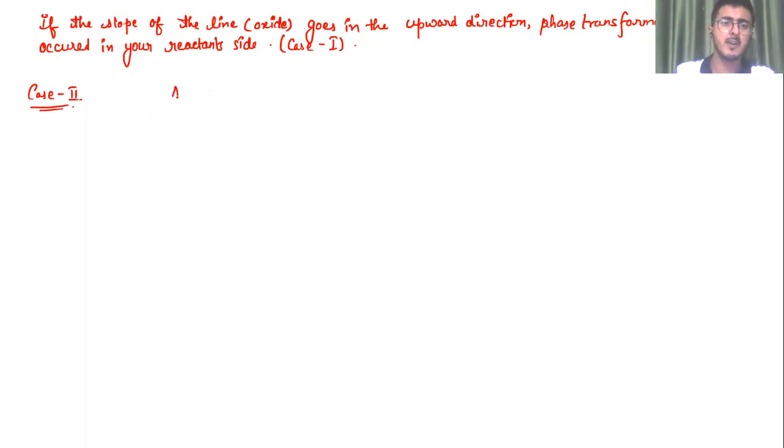So I have my A plus oxygen. It gives you AO2. This is your solid phase. This is your gaseous phase. And this initially was in the solid state.